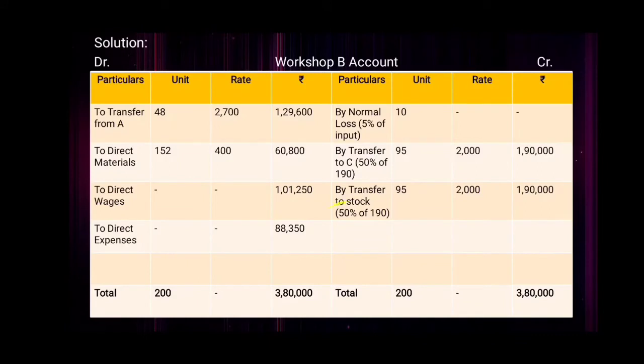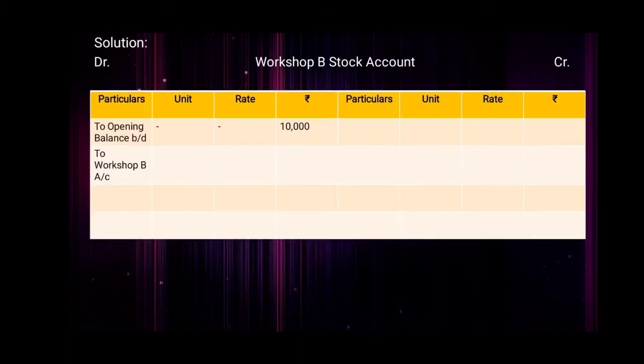Now by transfer to stock from workshop B account, 95 units at the rate of rupees 2000, total amount being 1,90,000 will be transferred to workshop B stock account. To workshop B account, 95 units at the rate of 2000, amount will be 1,90,000.